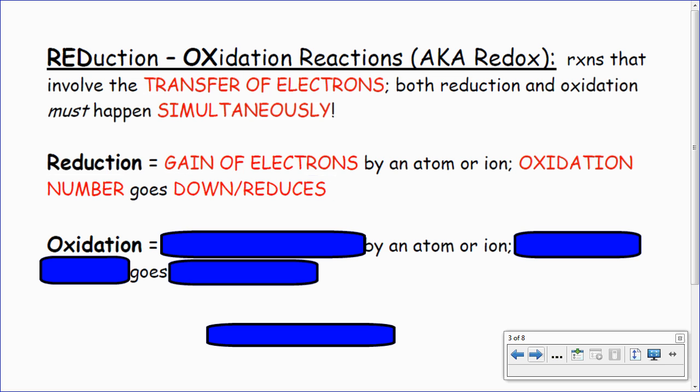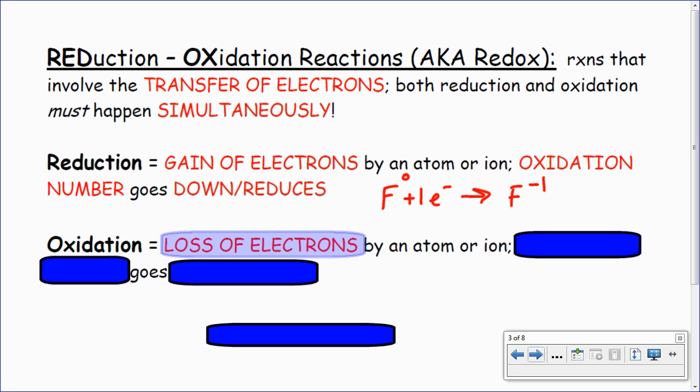So the gain of electrons by an atom, for example, let's do one that likes to gain electrons: fluorine plus 1 electron becomes fluorine -1. So the oxidation number went from 0 to -1, and therefore we call that a reduction, the gain of electrons.